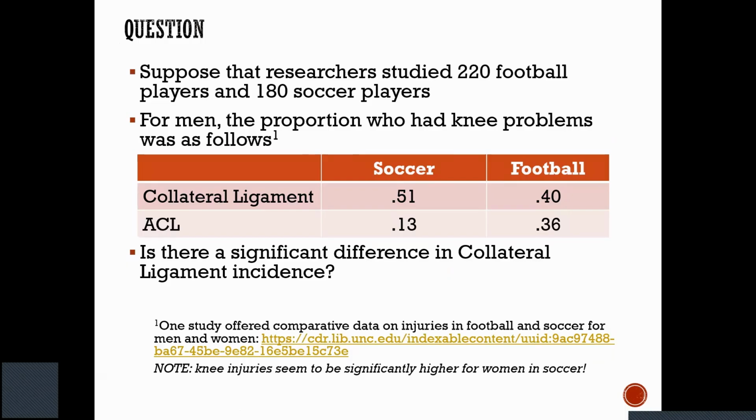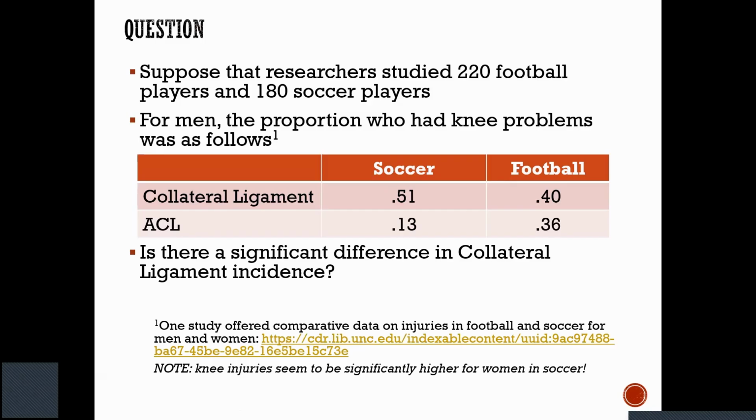For CL problems, the soccer players had a higher incidence: 51%, whereas the football players had 40%. But for ACLs, the football players had the higher incidence at 36% versus only 13% for soccer.